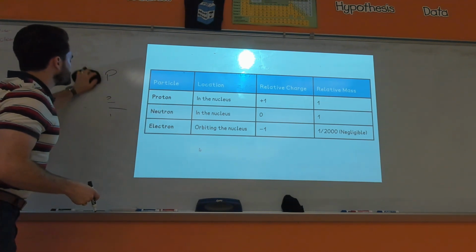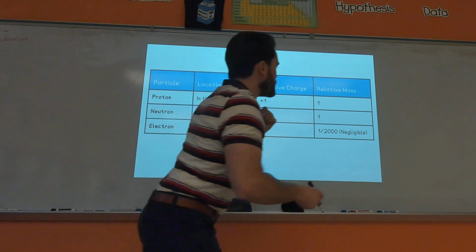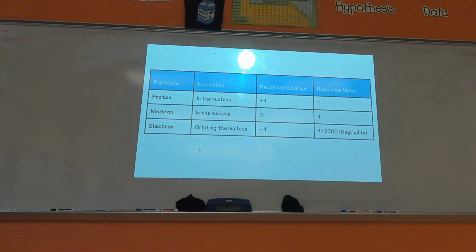Now then, another interesting thing with these particles is their mass. So the proton and the neutron, they each have a mass of approximately 1. Now, when I say 1, the units are what is called AMU. AMU stands for atomic mass units.